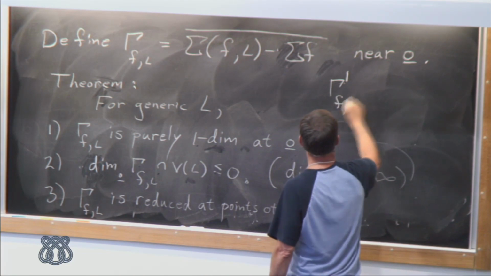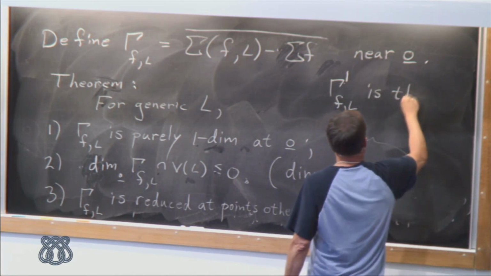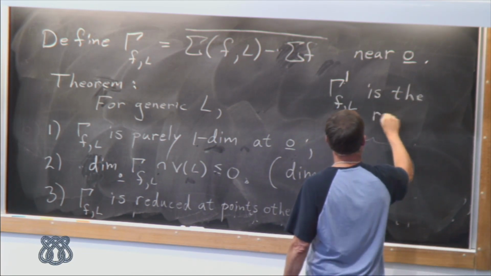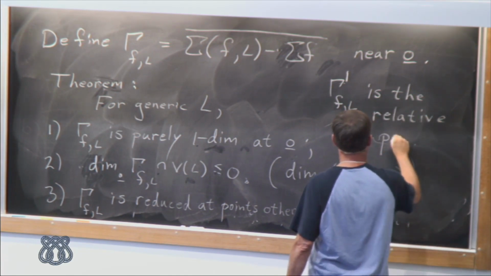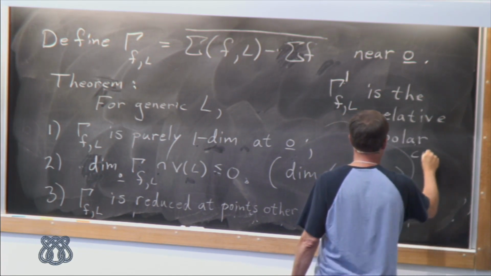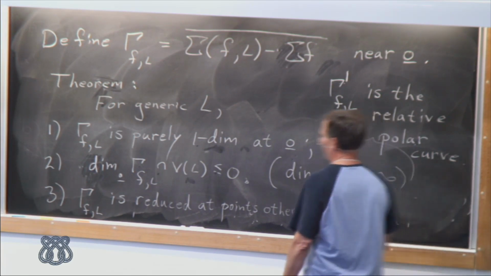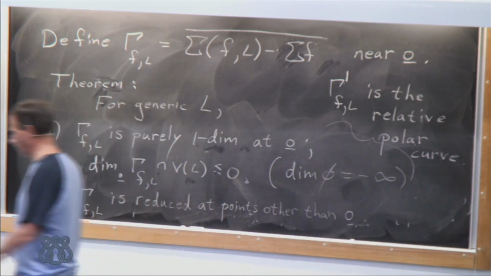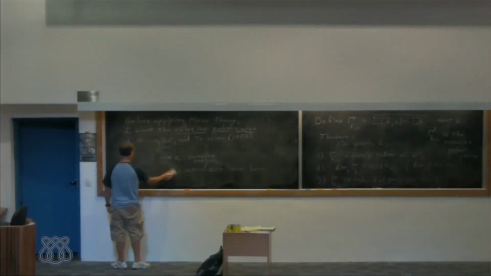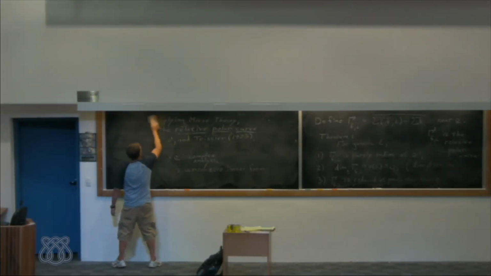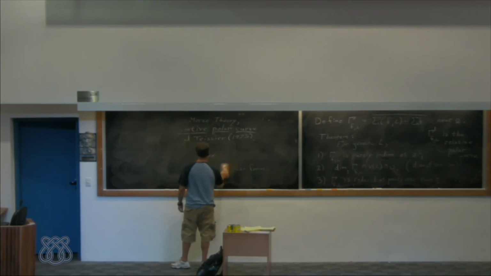This is the relative polar curve of F with respect to L. Now, I could either state the two things I want to do, or I could give you an example, and I'm prone to examples. As I said, I'm not worried about where I get in these lectures. So, an example would be nice.